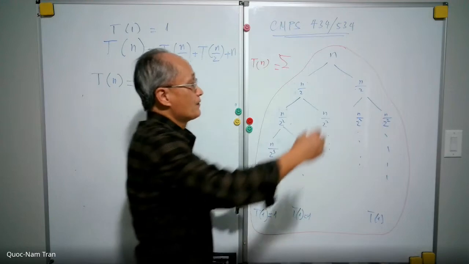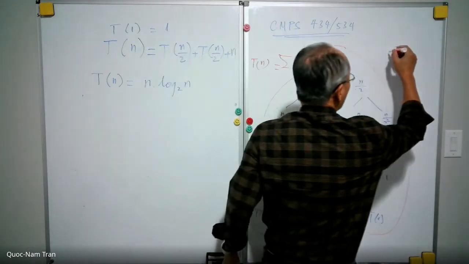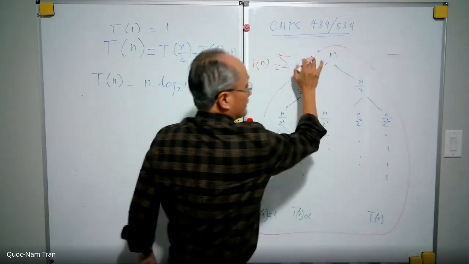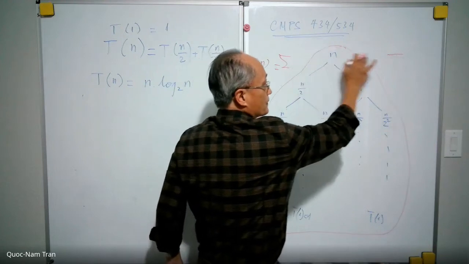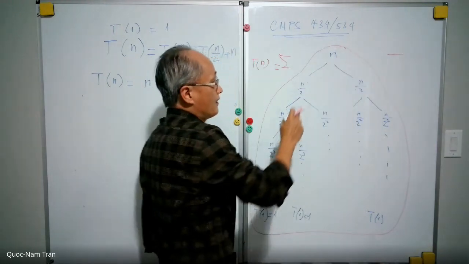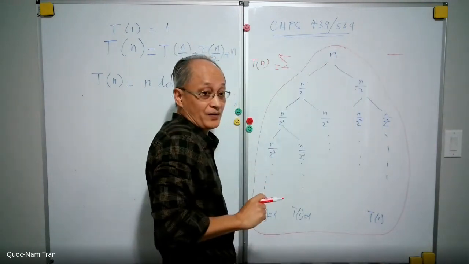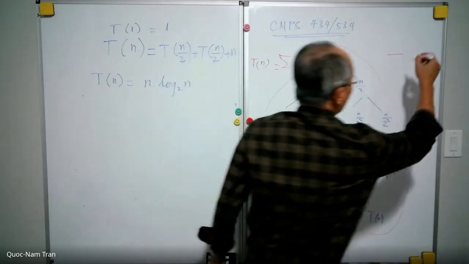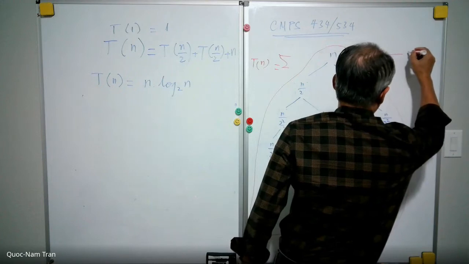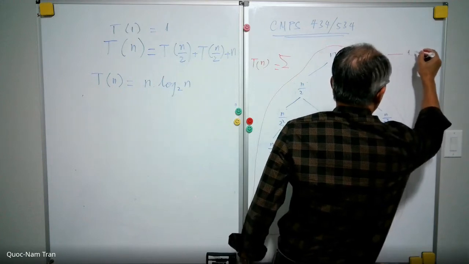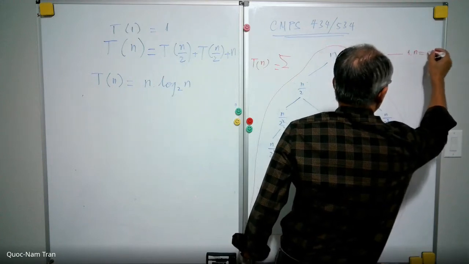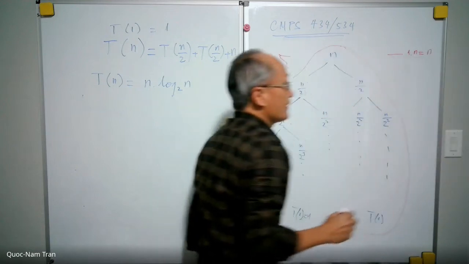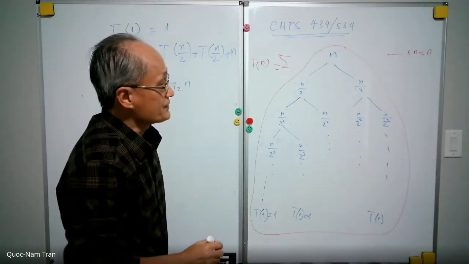Okay, so on the first row, what do we have? If we add every element on the first row, we have only one element, that is n, right? So we have n as the result.